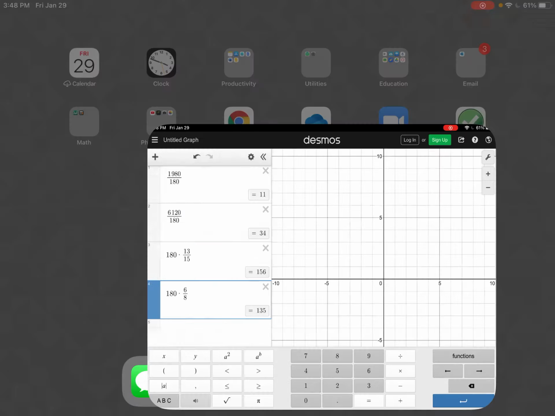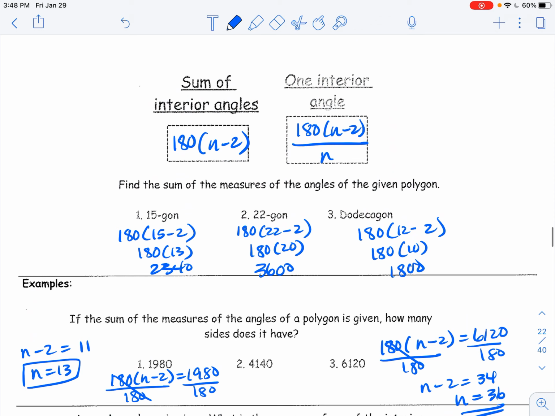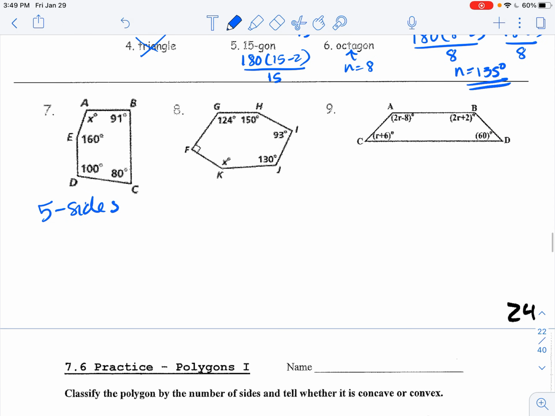All right, just a few more examples. Number 7, let's count the sides. We've got A to E, that's 1, 2, 3, 4, 5. This is a pentagon, right? And we want to find what X is. So if I want to find the sum of all of these angles, I would need to use this formula here: 180 times n minus 2.